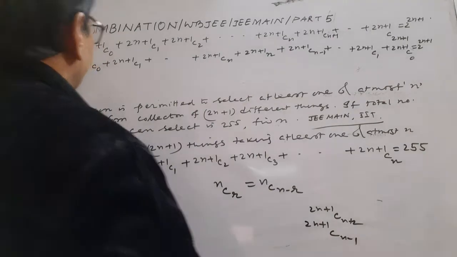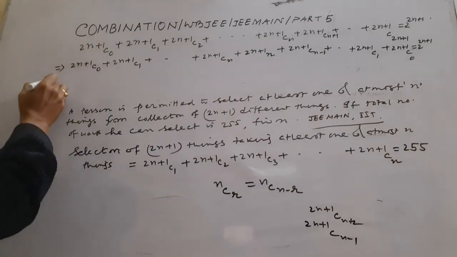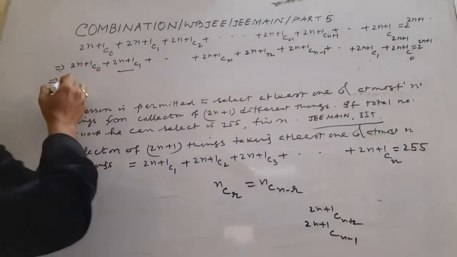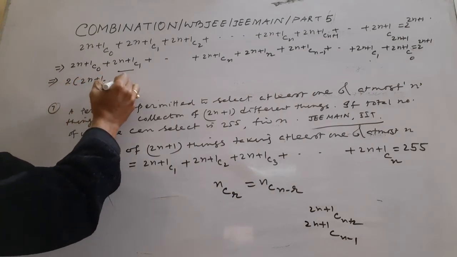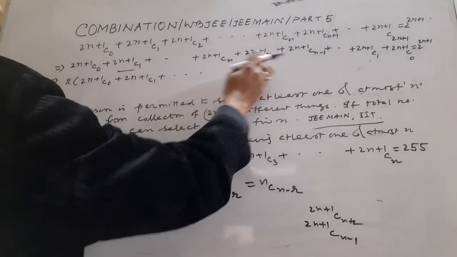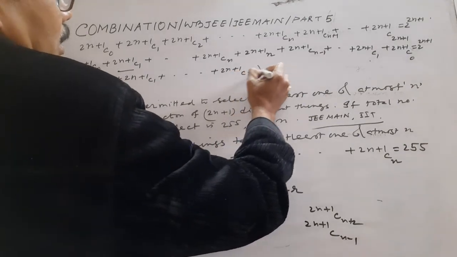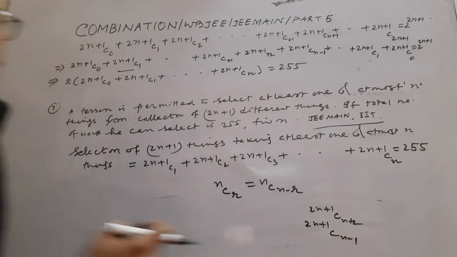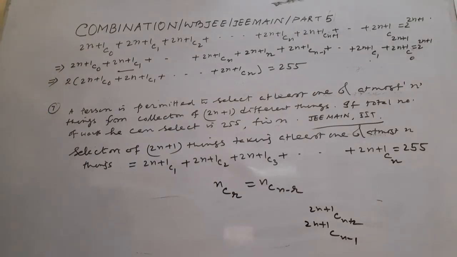Now look, we are getting this and this as the same term. So 2 common: 2n plus 1 C0, 2n plus 1 C1, and so on, up to 2n plus 1 Cn, equals 255.